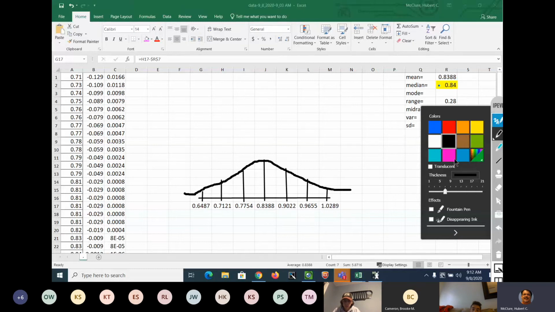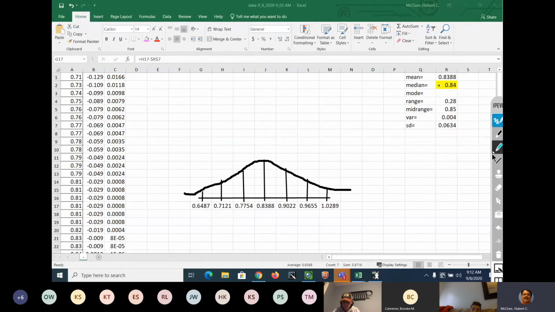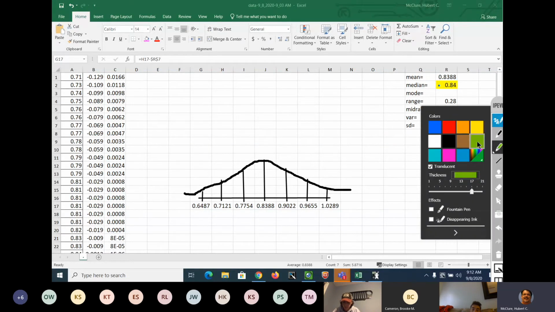Take my handy dandy highlighter and we'll color it green. I'm going to make it as big as I can so I don't have to color. Okay, somebody tell me what that green means. Starts with an N. Normal. Appreciate y'all's interaction. Makes class go by a whole lot faster.